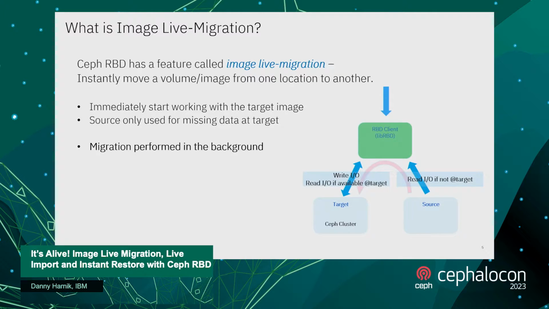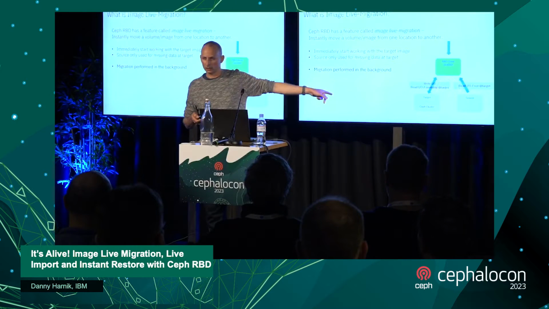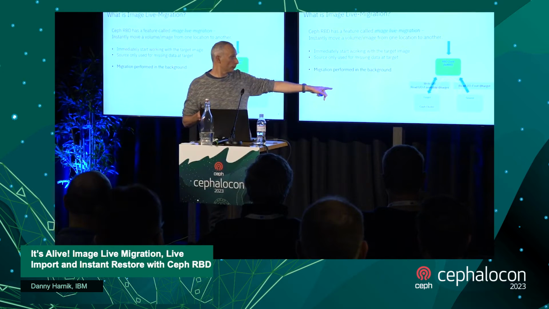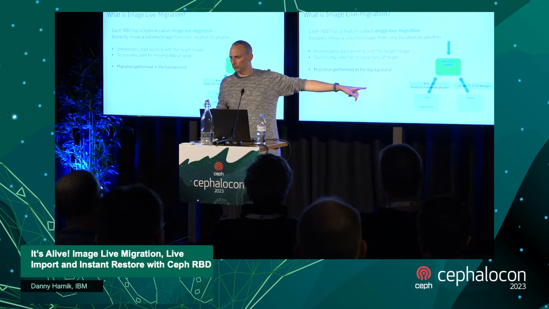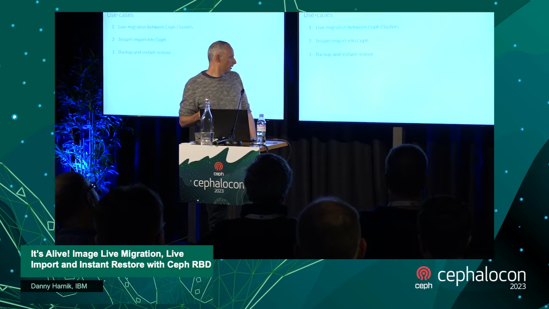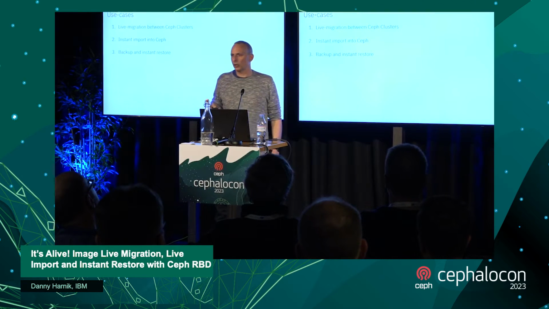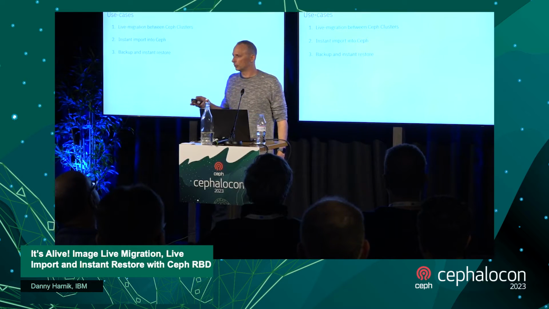So at the beginning, you'll get read performance which has to go to the source. As time progresses, this migration finishes and you'll get the performance of the target, at which point you can also detach the source. Okay, so I wanted to highlight three different use cases for this.